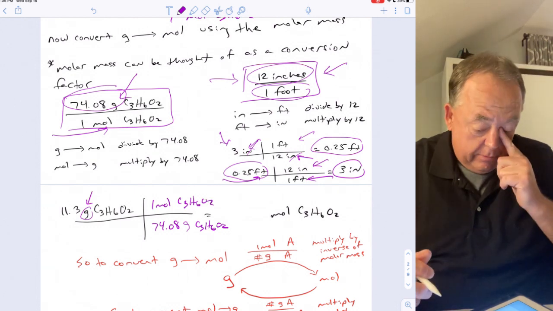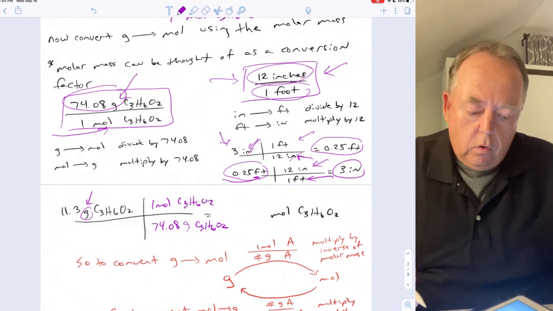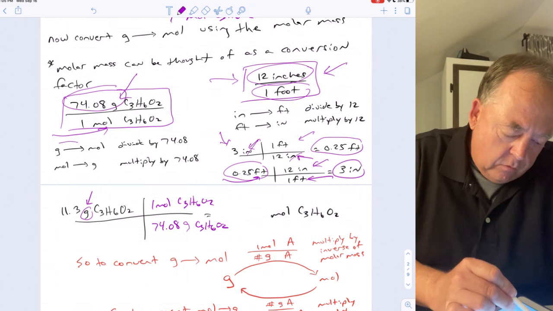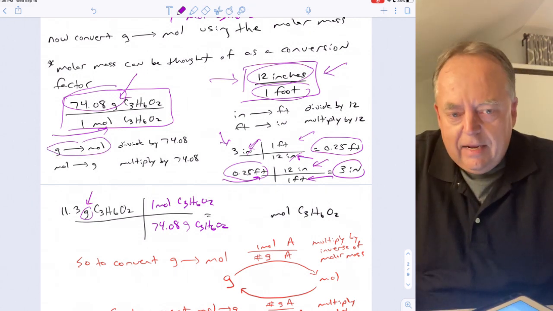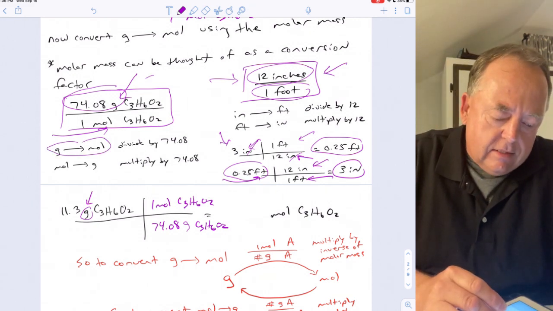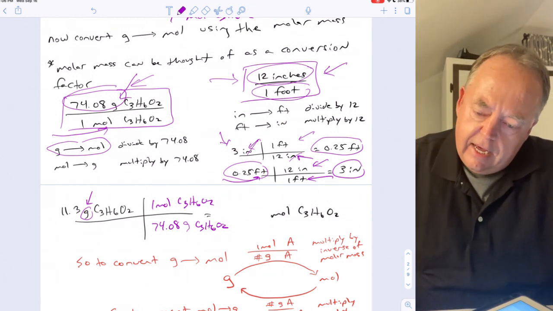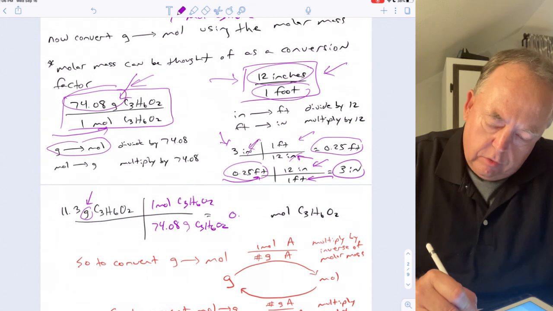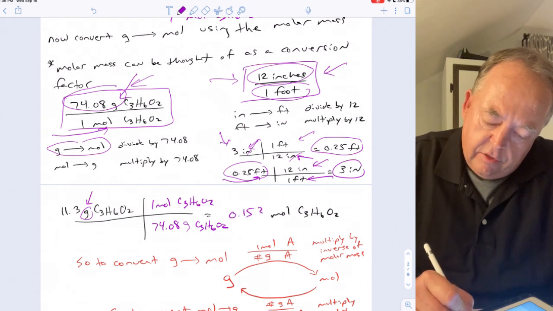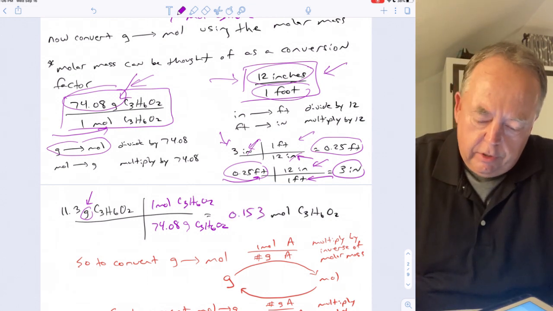So basically 11.3 divided by 74.08. If you're converting from grams to moles, you're basically going to divide by whatever the molar mass amount of grams was. If you do that, then you should get 0.153 moles of C3H6O2.